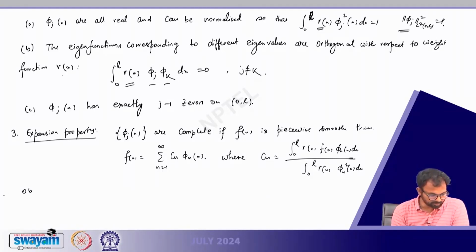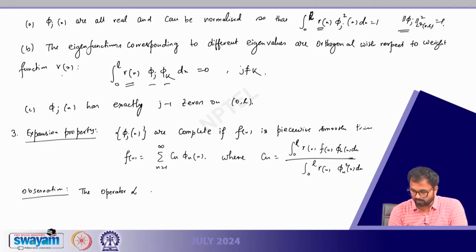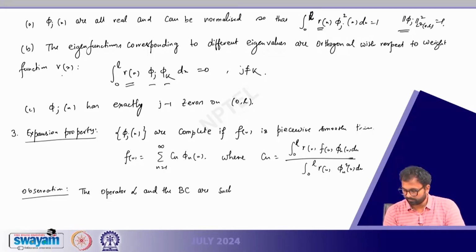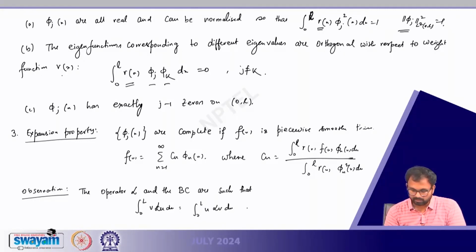Then a few observations. The Sturm-Liouville operator, that means L, and the boundary conditions are such that we have the integral from 0 to L of v into L u dx equals the integral from 0 to L of u into L v dx, and this implies that L is a self-adjoint operator.